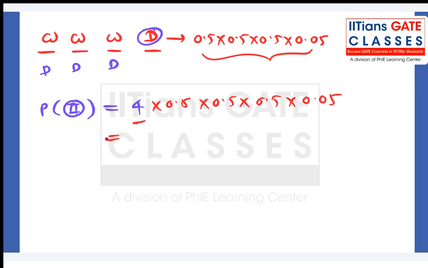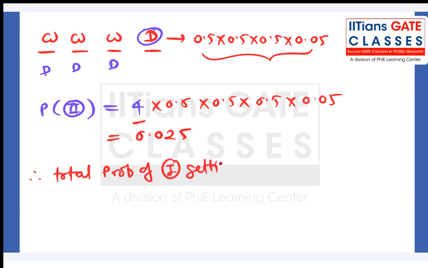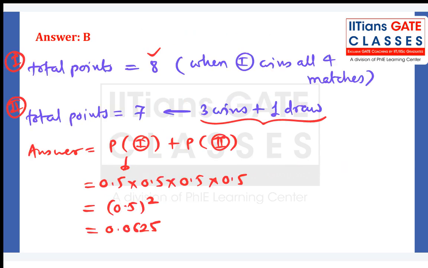Then the rest is calculation. 0.25 into 0.5 is 0.125, into 4 is 0.5, into 0.05 is 0.025. Therefore your total probability of India getting at least 7 points is the sum of these two: 0.025 plus the previous one, which was 0.0625.